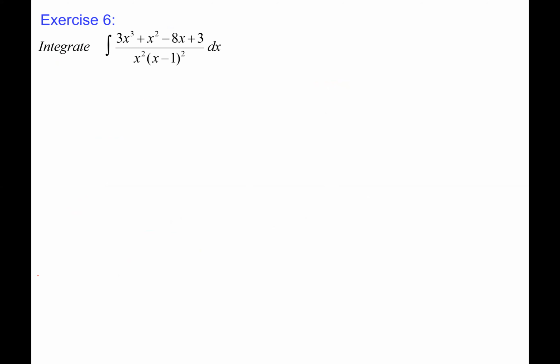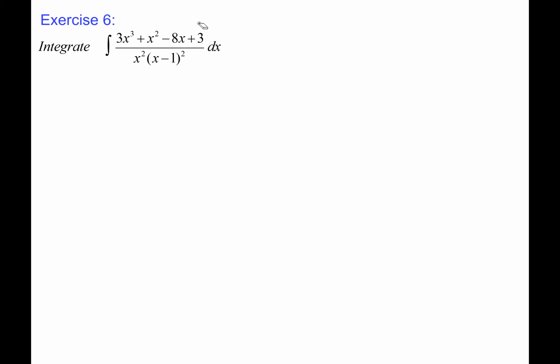3x cubed plus x squared minus 8x plus 3, and its denominator is x squared times x minus 1 squared. Okay? That means we definitely have a proper rational function, because that's cube. And if I multiply, the denominator will be x to the power of 4.